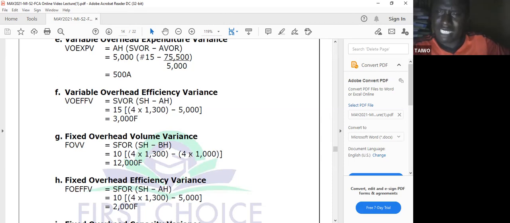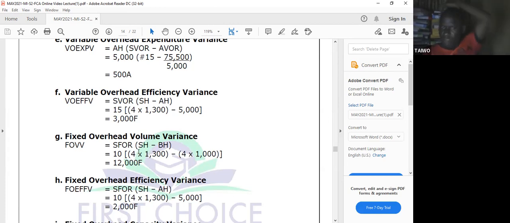Budgeted hour is based on standard or budgeted production, which is 1,000. So I multiply the 4 by 1,300 and then subtract 4 times 1,000. Whatever that gives, multiplied by 10, the standard fixed overhead rate, gives me 12,000.